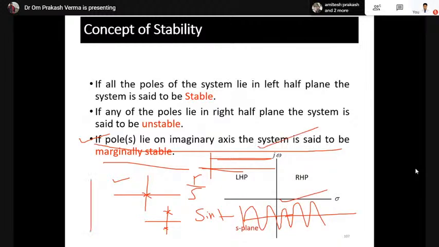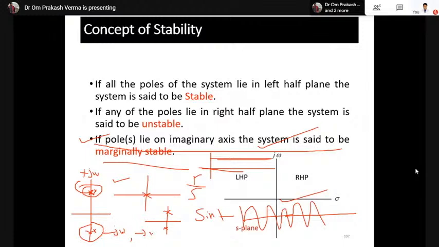But when you're talking about a double pole at the same value, there are two imaginary poles, double imaginary poles lying at the same value. Let's say this value is plus j omega, and this value is minus j omega, each repeated.